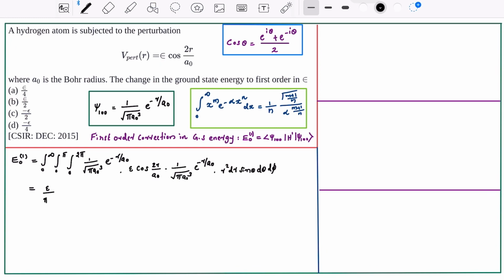This is the expression for the first order correction in ground state energy due to the perturbation epsilon cos 2R by A0. Now we can take the constant term outside: epsilon by pi A0 cubed, integral 0 to infinity R squared cos 2R by A0 e raised to minus 2R by A0 dr, then integral 0 to pi sine theta d theta, then integral 0 to 2 pi d phi.